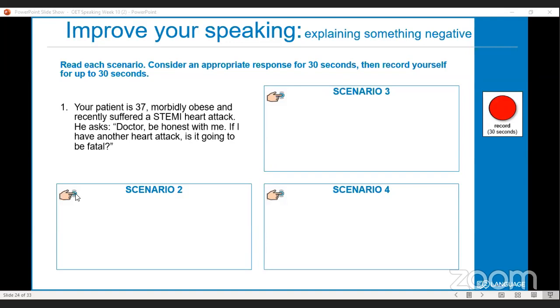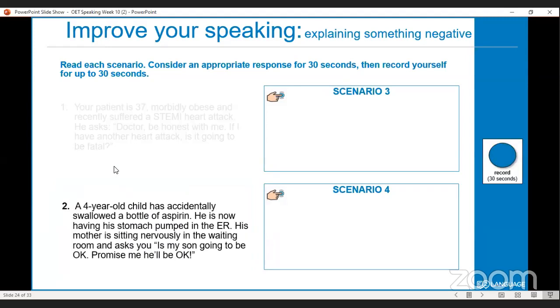Good. Let's try number 2. Get it open. There we go. Another one. A couple of seconds to quickly read it.